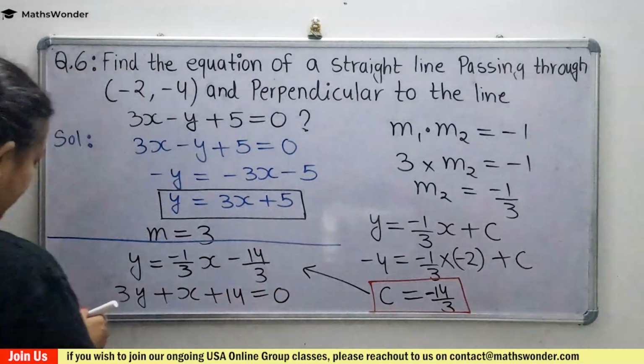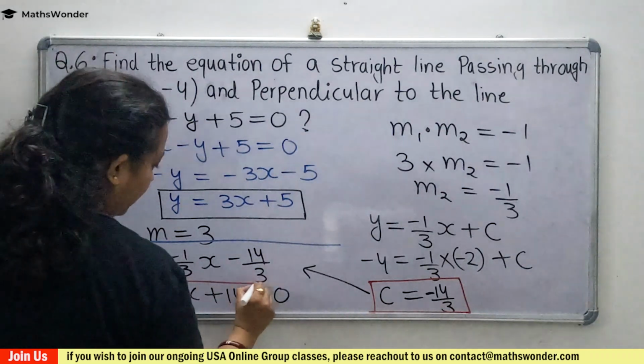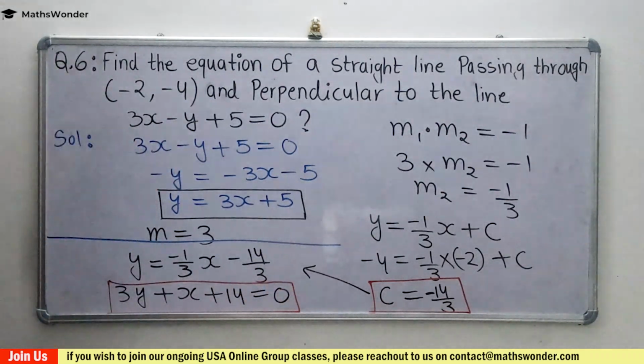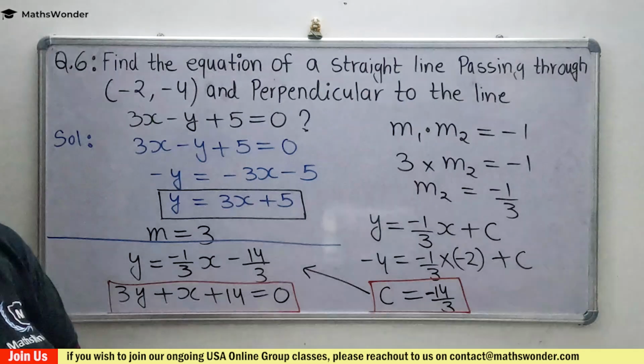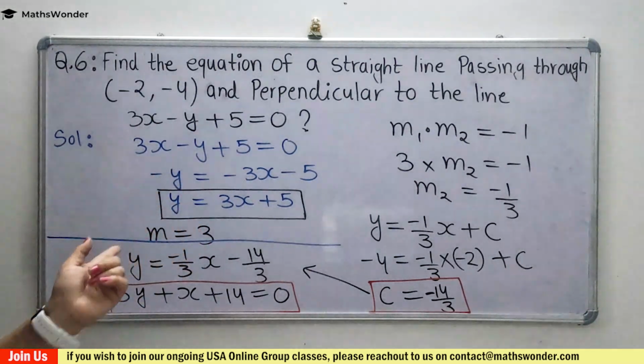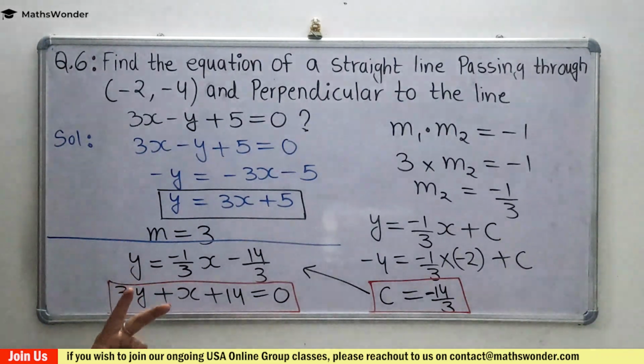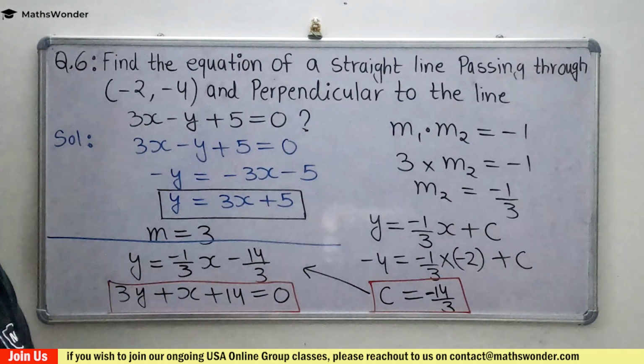This is your straight line equation which is perpendicular to the given line. See, in the other question, two equations were given and you had to find the slope. In the other question, like the third example I have given, where two equations are given and you have to find the perpendicular slope and the equal slope, right?